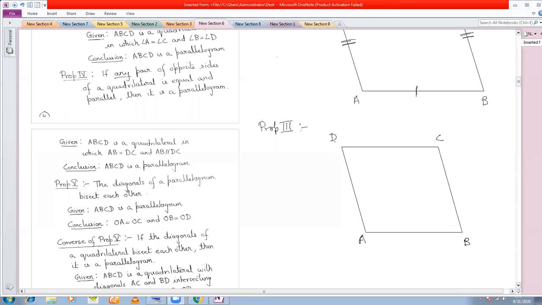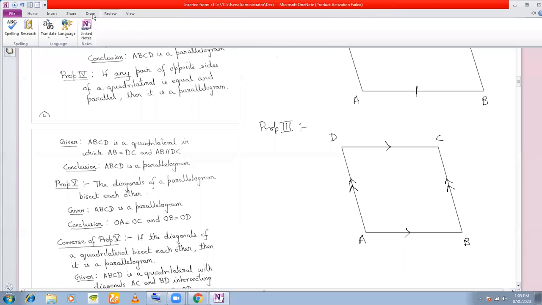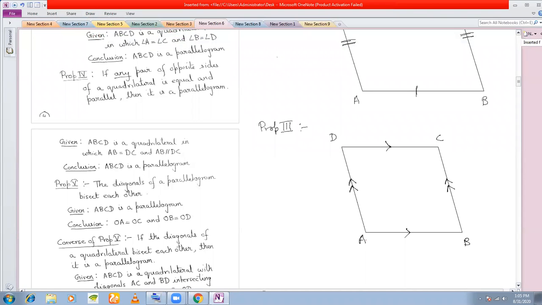I have not given you any quadrilateral. If a parallelogram is given to you, then according to this property, you can conclude that the opposite angles of a parallelogram are equal.